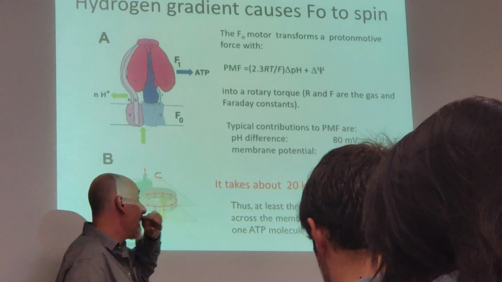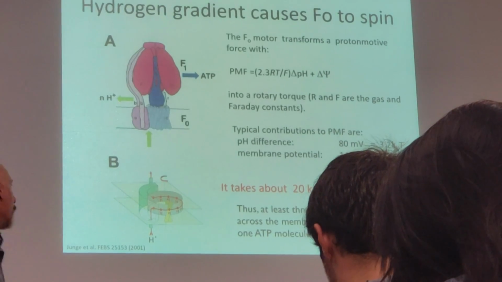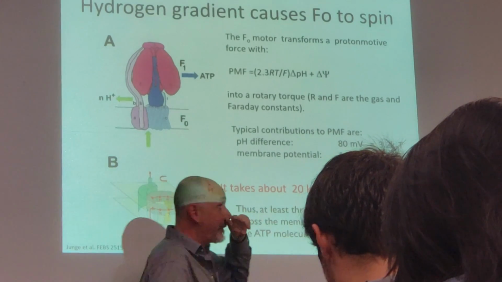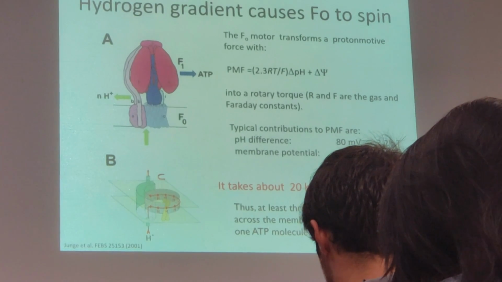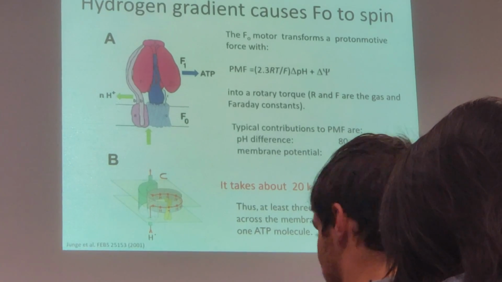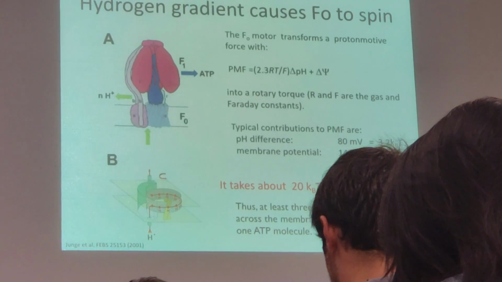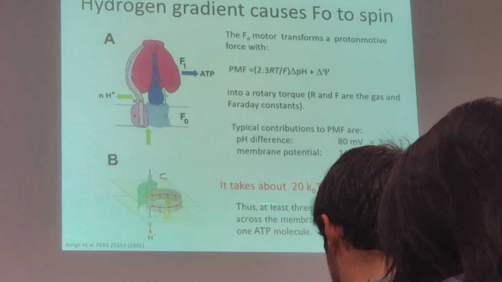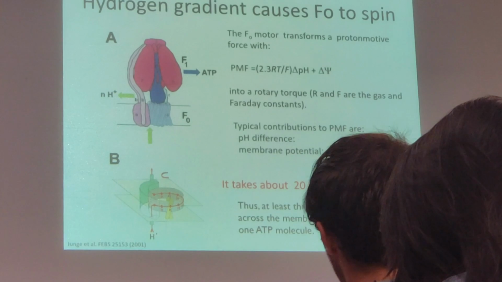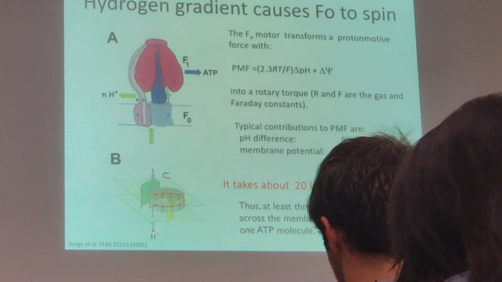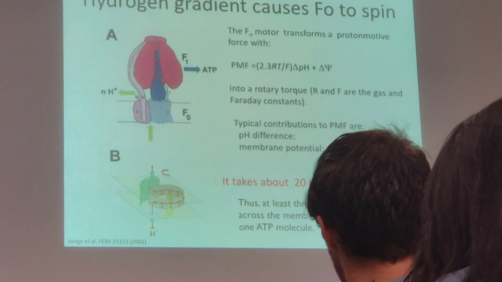I also have this membrane potential component to the delta G, and that's about 6 kBT. All right, so ultimately I get about 9 kBT per proton if I want to scale it that way. I can also convert minus 30 kilojoules per mole, which is ATP hydrolysis, or plus 30 kilojoules per mole, also into kBT, and that's about 20 kBT. And so if I think about it per proton, in order to get my 20 kBT, I need at least, probably close to 3 protons to do it. Energetically, it takes 3 protons to get the system moving in order to get the energy I need to drive these.